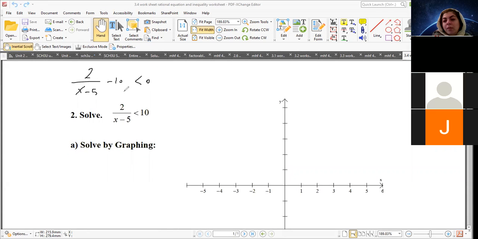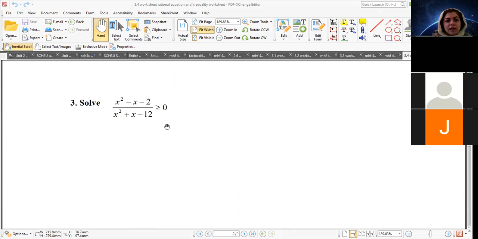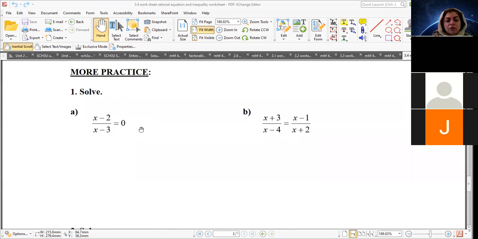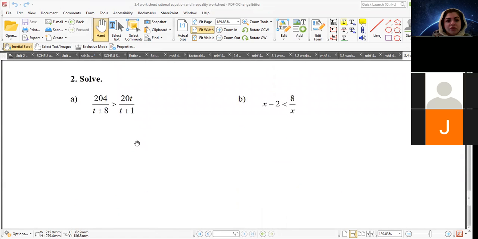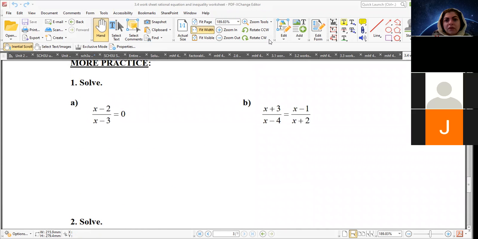Then you have to do common denominator. It's explained in the notes, and I want you to go over that and look at the solution. If you need more explanation, I'm going to do that for you. Just go over that algebraically. Your class work is going to be questions 1, 2 and 3 here on the last page.